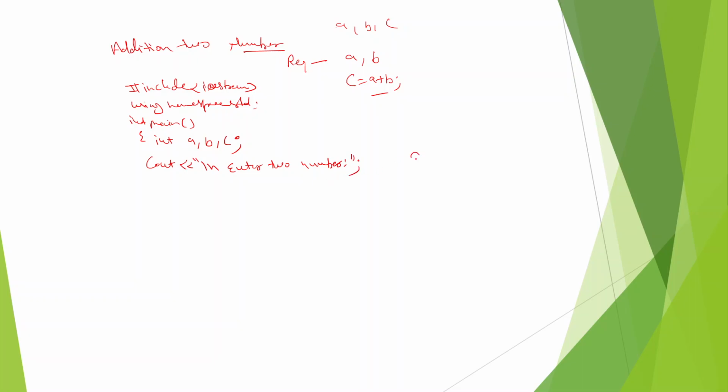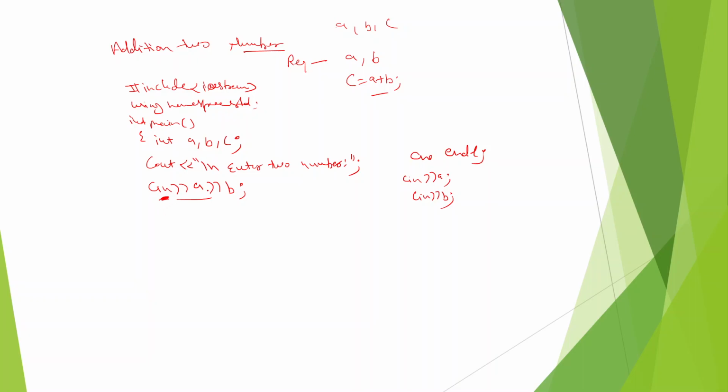Okay, you can use endl also at this point. Then cin takes the input from the user, A and B. Okay, you can write separately, or you can also write cin A cin B. To provide input at runtime, cin is used.